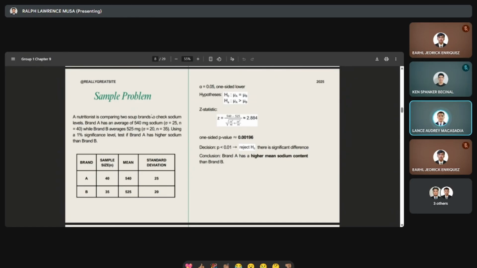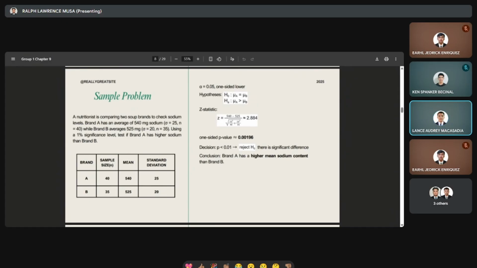So we use z-test calculation. Then z equals 540 minus 525 all over the square root of 25 squared over 40 plus 20 squared over 35. So the answer is 2.884.